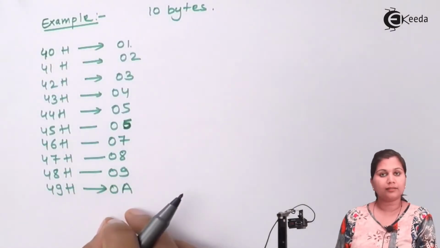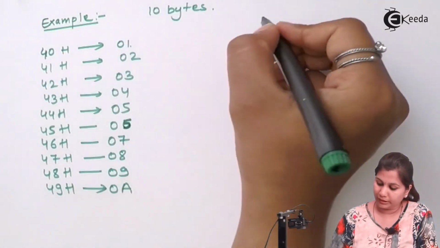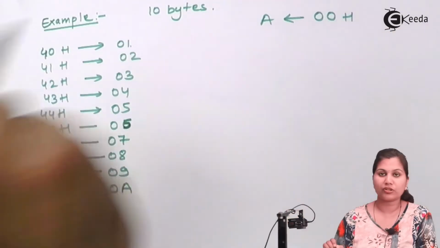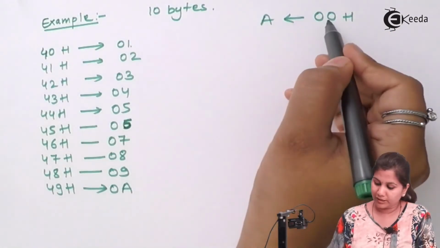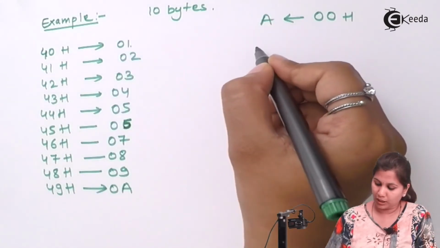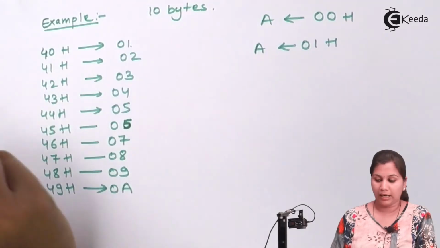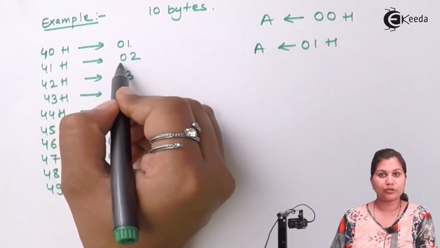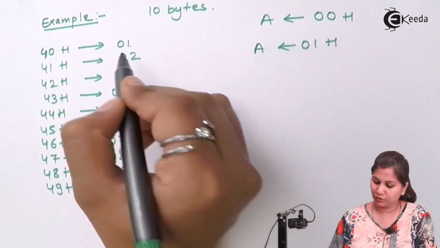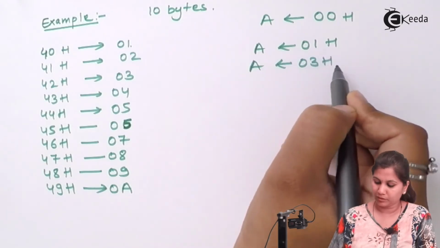This is the block of 10 bytes. Now, in accumulator, we have loaded this accumulator with 00H. Now, first 00 will be added with 01. Okay, so in accumulator we will get the 01. After that 01 will be added to 02 because our memory pointer will be incremented. 01 plus 02, now accumulator will have 03.